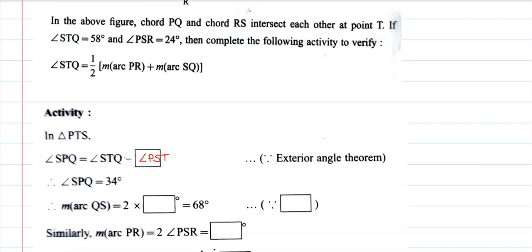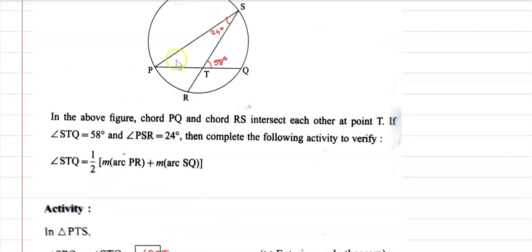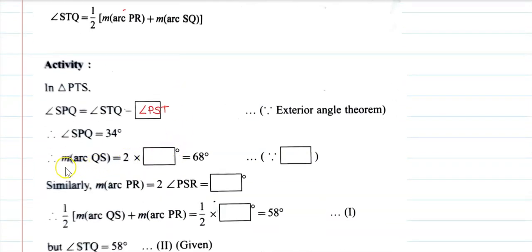Now the angle STQ is 58 and the angle PSR or PST is 24, and their subtraction is 34. Therefore angle SPQ is equal to 34 degrees.